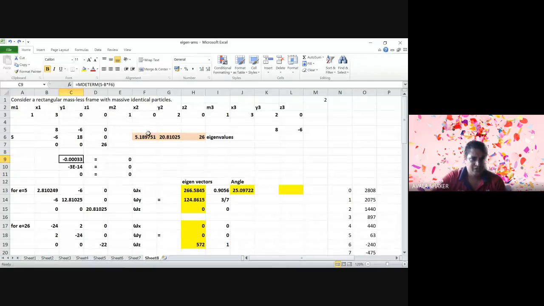So if I use these eigenvalues and then solve this part, that is S minus lambda I, then in this case the angular momentum is in the direction of your omega. Till now, when we put random values, it was not. Now if we specifically take these values, so let us say for lambda equal to 5.